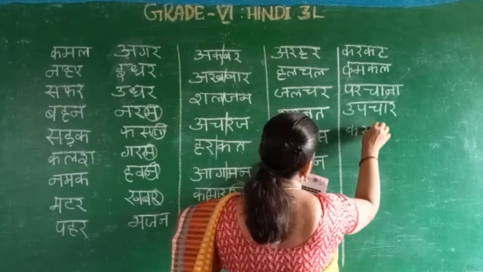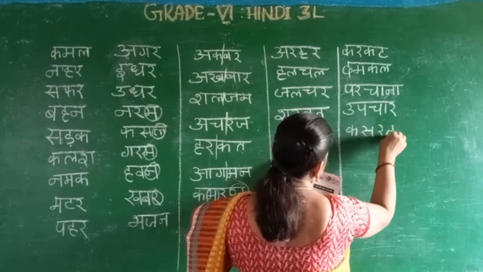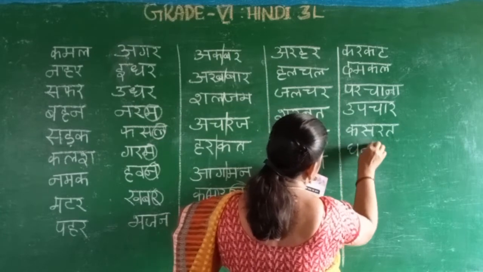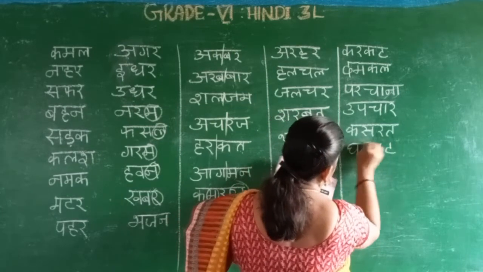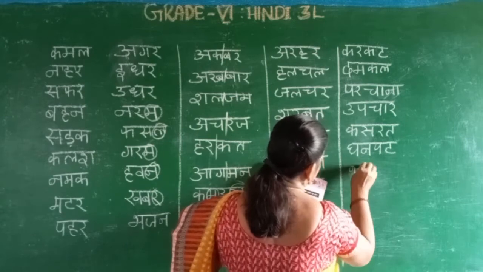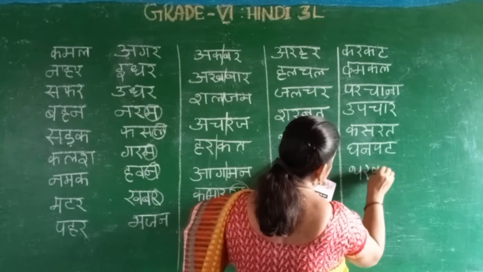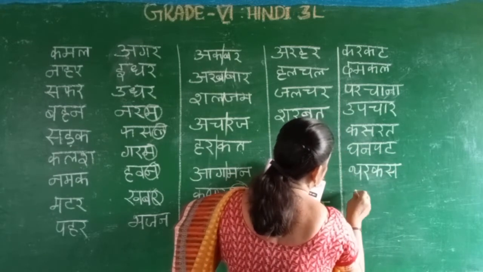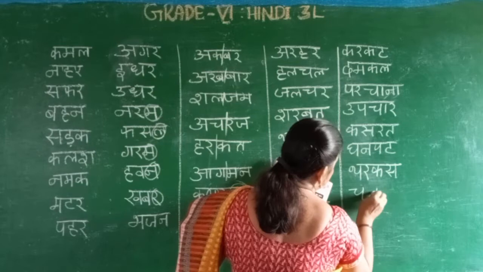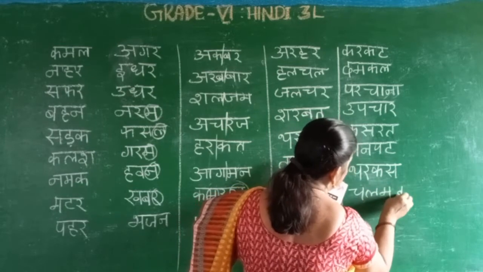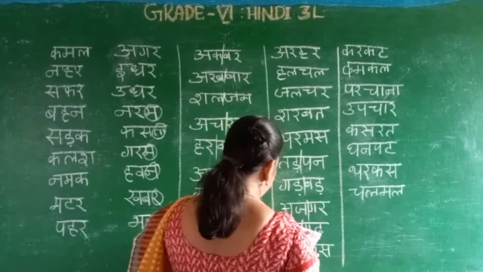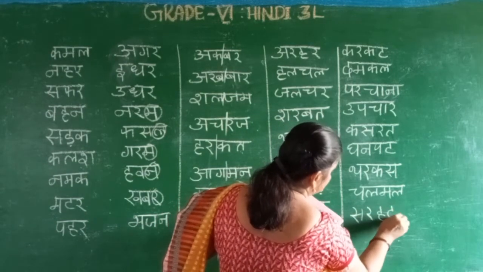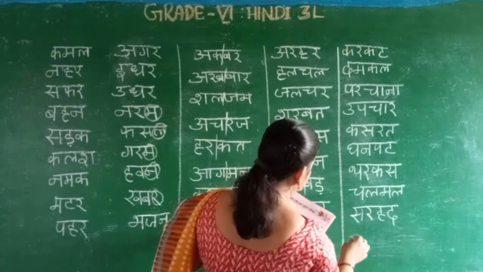Ka, sa, ra, ta, kasrat. Ga, na, pa, ta, ganpat. Ta, ra, ka, sa, tarkas. Cha, la, ma, la, chalmal. And sa, ra, ha, da, sarhad.